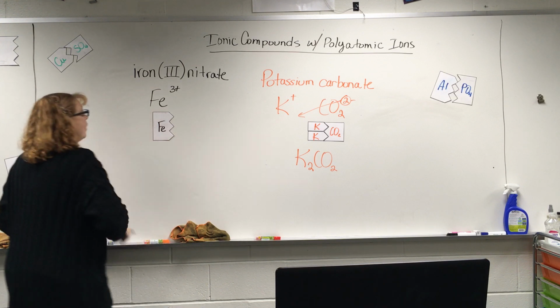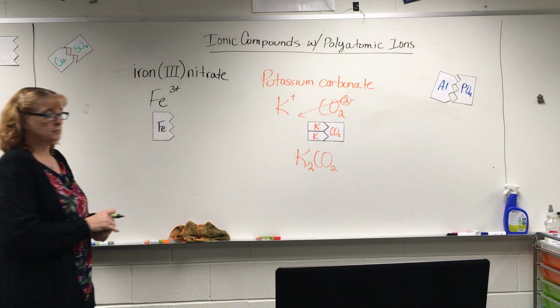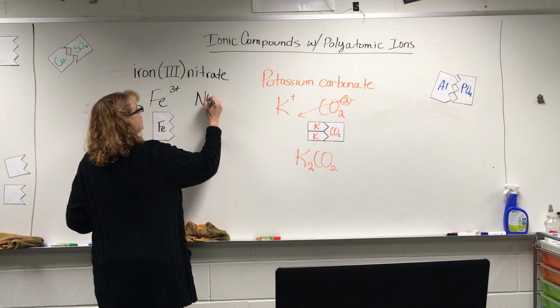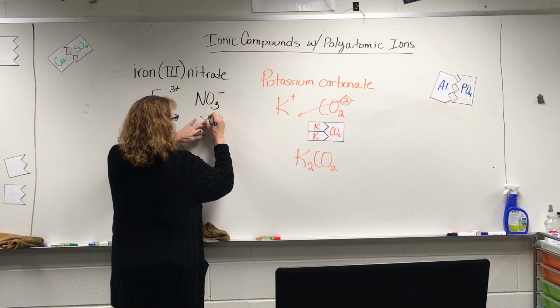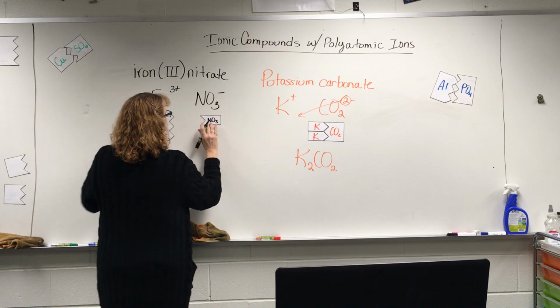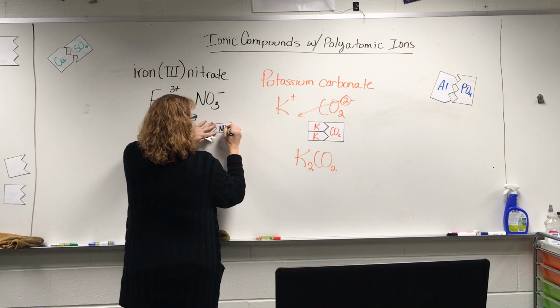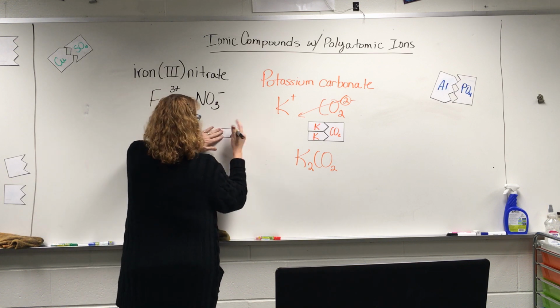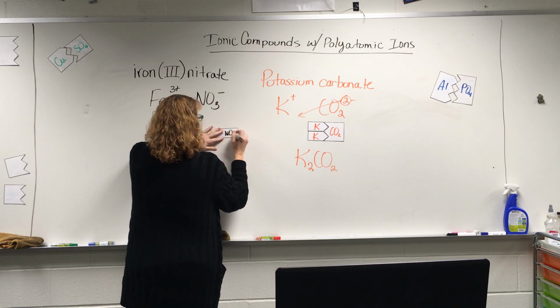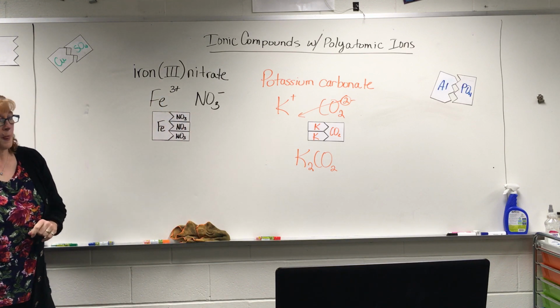Now, what is the formula and charge for nitrate? NO3 with a -1 charge. NO3 with a negative sign. So that means it's this. Now notice here, it's going to take more than one to balance out this iron.